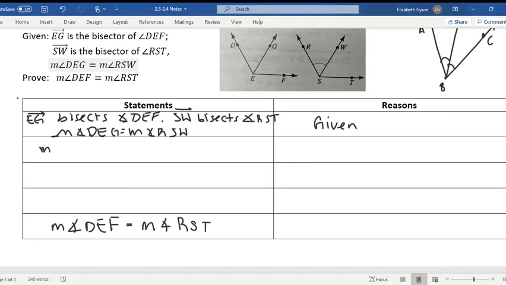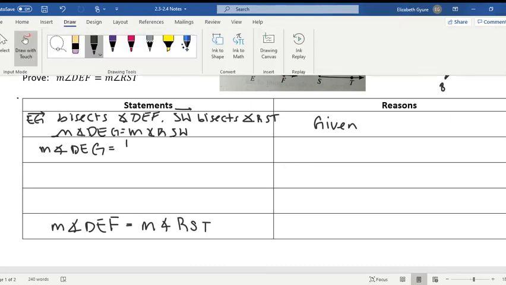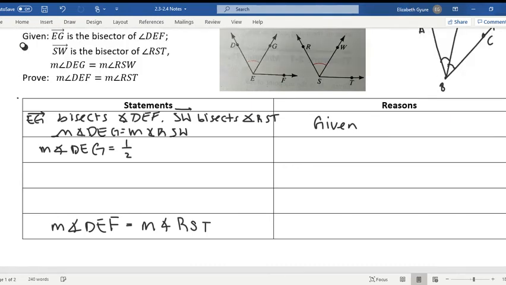So the measure of angle DEG equals 1/2 the measure of angle DEF.